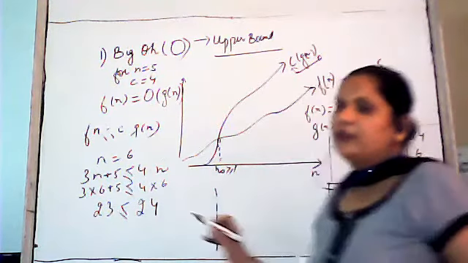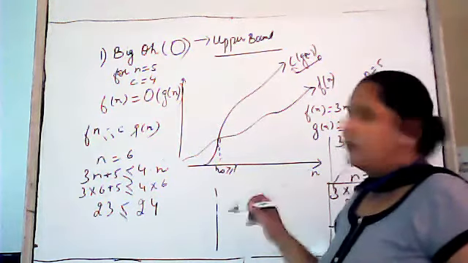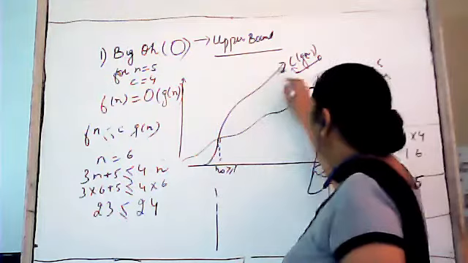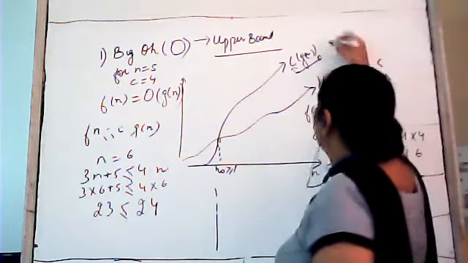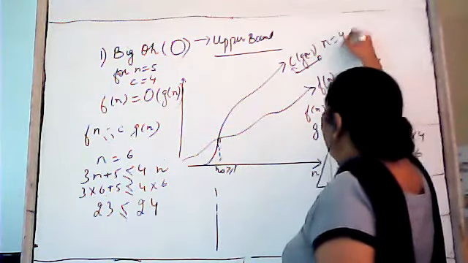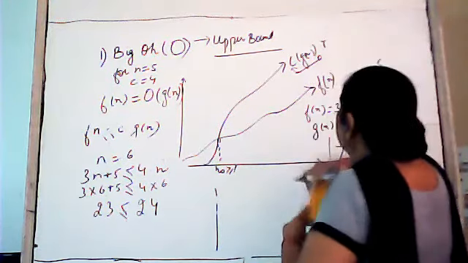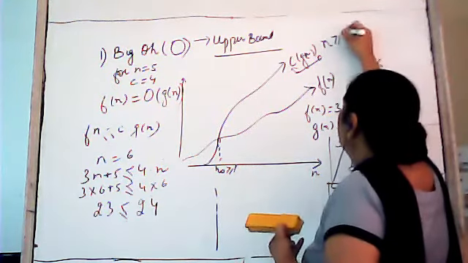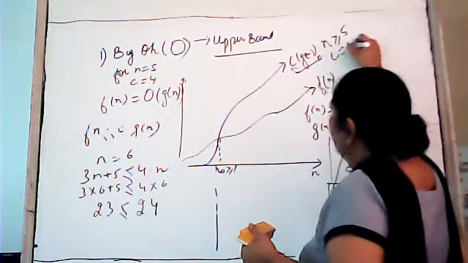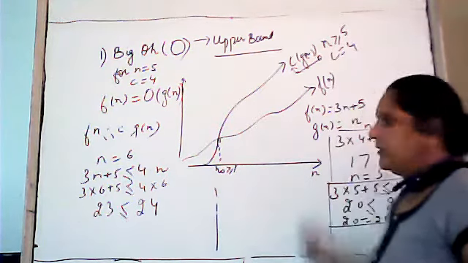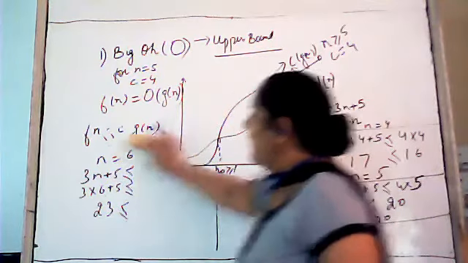That means for the values from n equal to 5 onward, this relation will hold, that is, c of g of n will remain greater for all values of n greater than or equal to 5, and c is equal to 4.